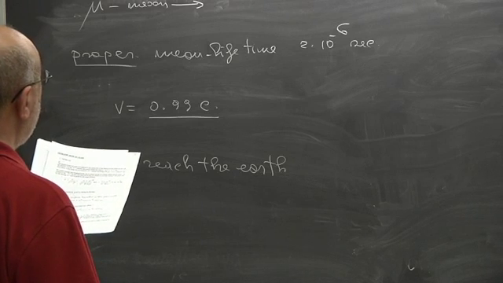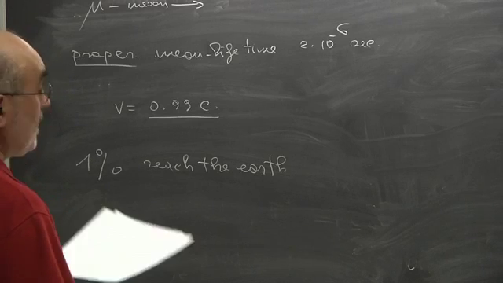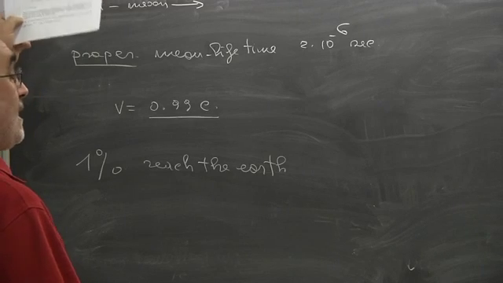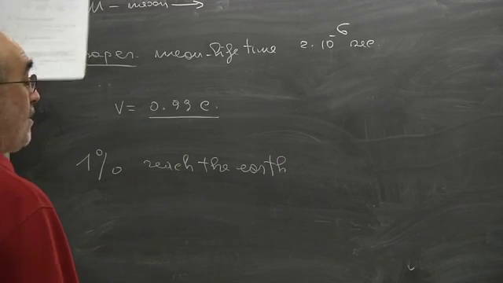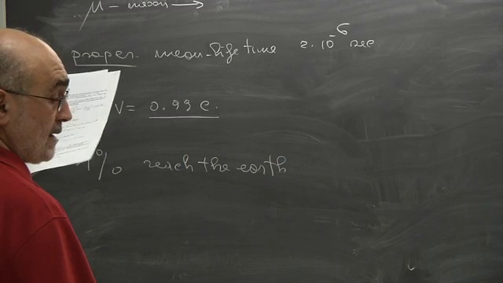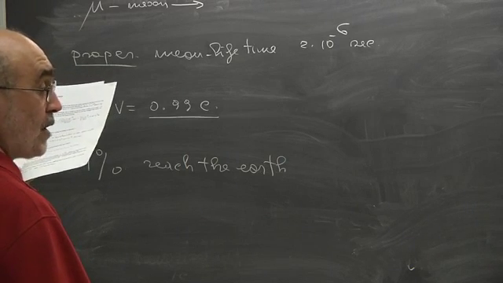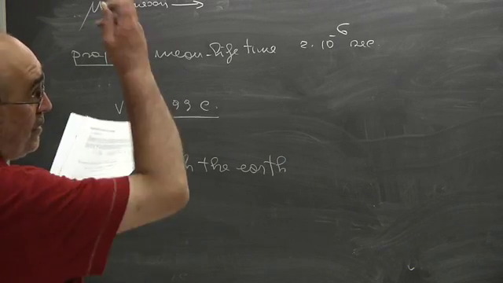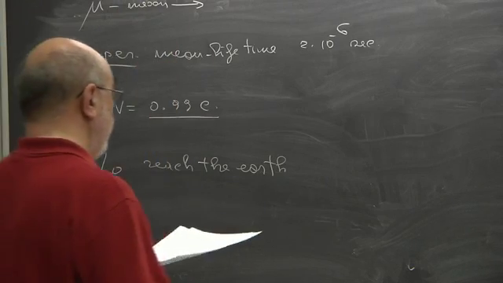Somebody up there has 2 million particles, and down on the Earth you get only 1% of that. They want to know the height.